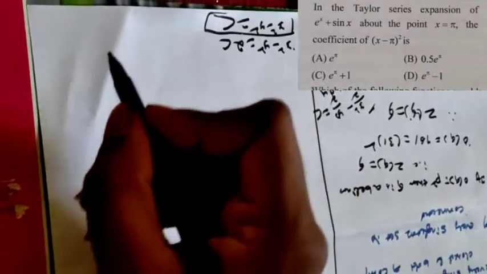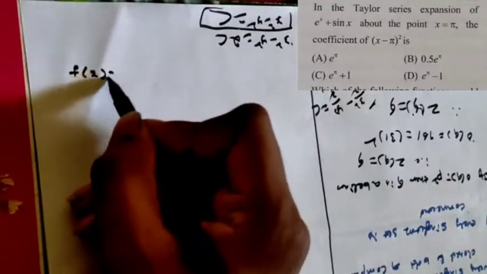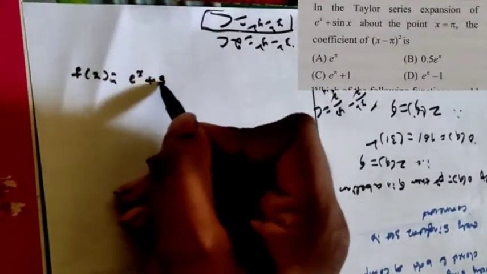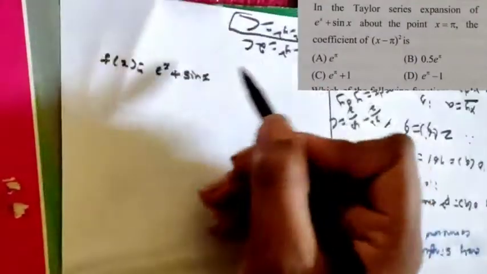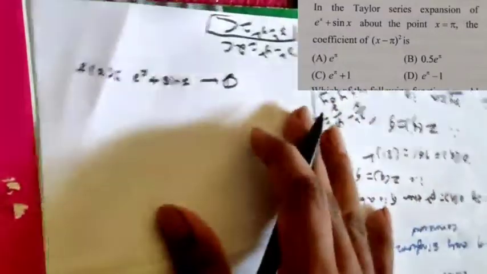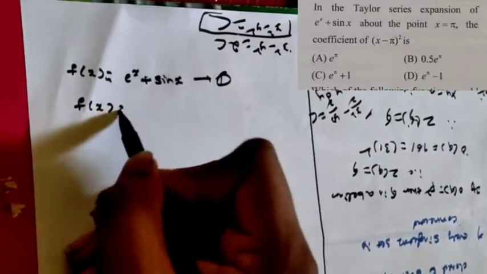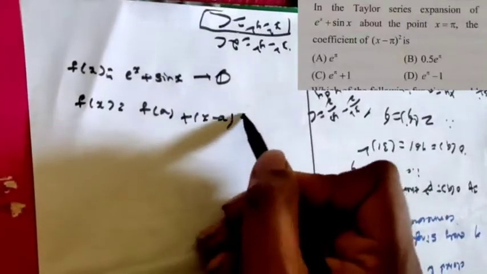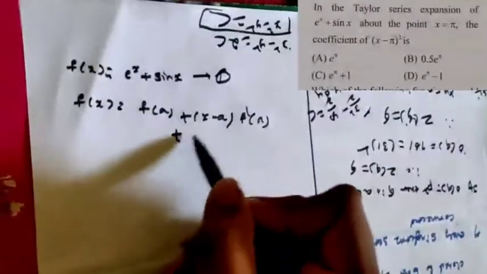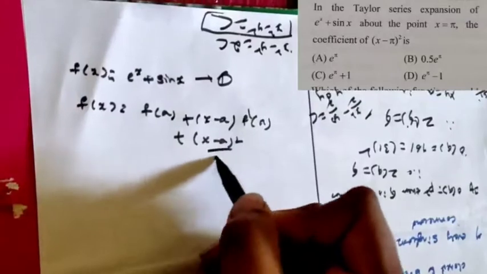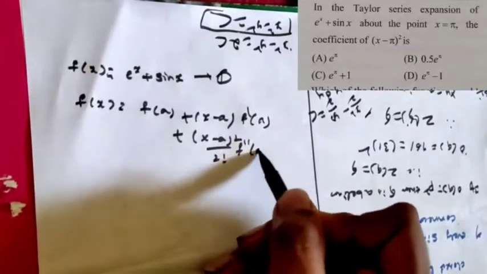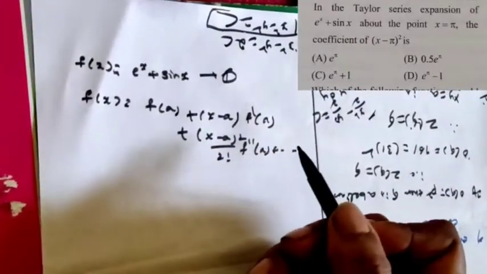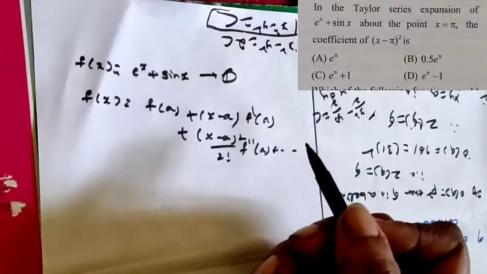The given function is f of x is equal to e power of x plus sin x. Okay, we have to consider this as equation number 1, and we know the Taylor series expansion formula. Okay, f of x is equal to f of a plus x minus a, f dash of a plus x minus a whole square by 2 factorial, f double dash of a plus and so on. This is the Taylor series expansion formula.